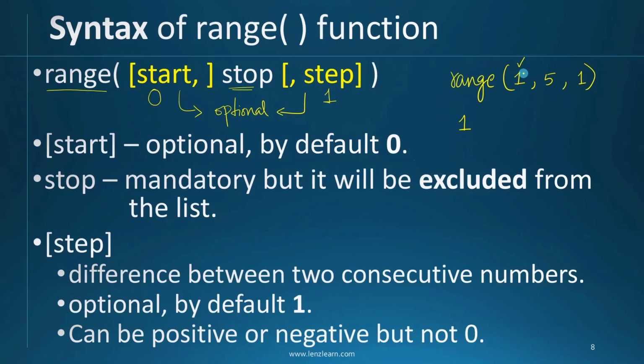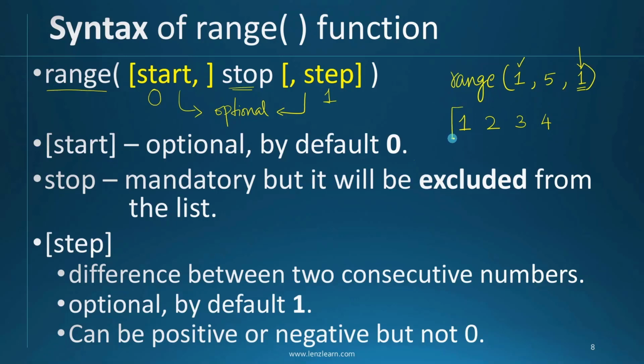Then the next value will be created by adding 1 to the previous value. That is why we call the last value as step or difference. So it will add 1 to 1. So the next value is going to be 2. Then it will again add 1 to 2. So the next value is going to be 3. It will add again 1 to 3. The next value is going to be 4. And now you should understand your range function will stop generating values, right?